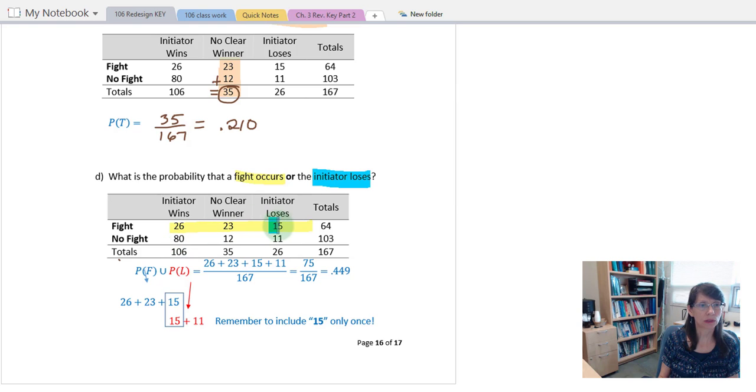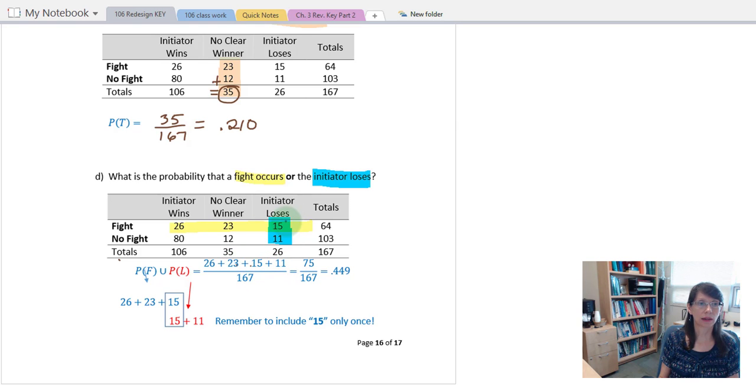So initiator loses would be the numbers 15 and 11. And we can see that these two events intersect at the number 15. So we're only including the numbers 26 plus 23 plus 15 plus 11. So I've written that already, 26 plus 23 plus 15 plus 11.